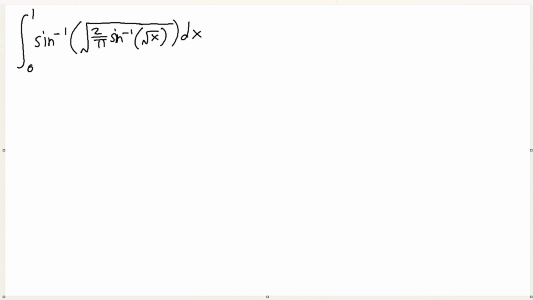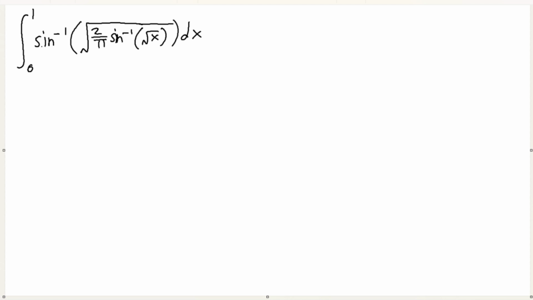Okay, last integral for you guys that I've made. So this integral, what do we do here? This looks horrible. It looks terrifying. Let me put this in terms of a function.